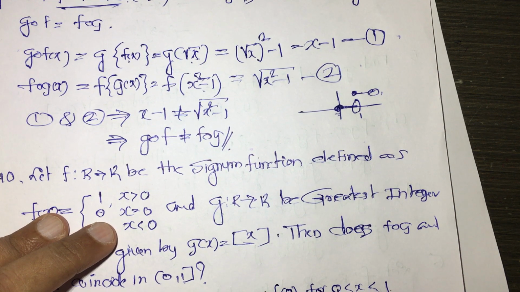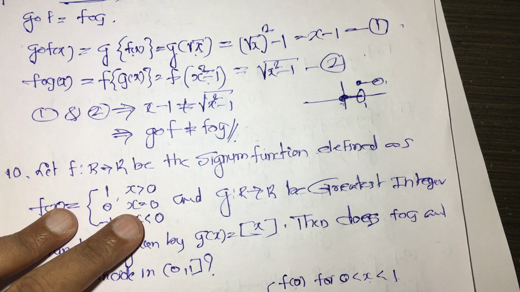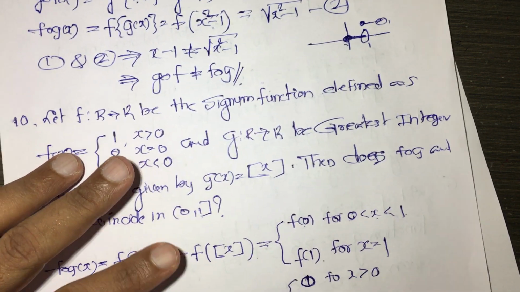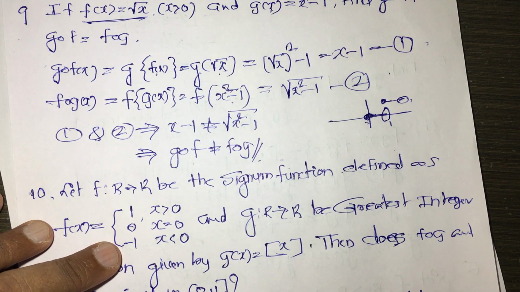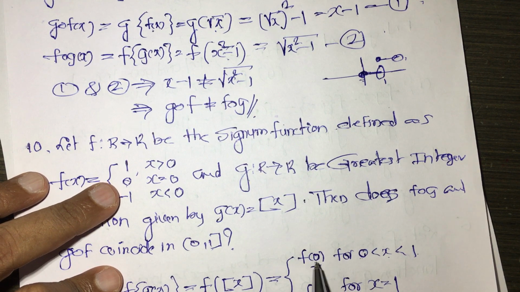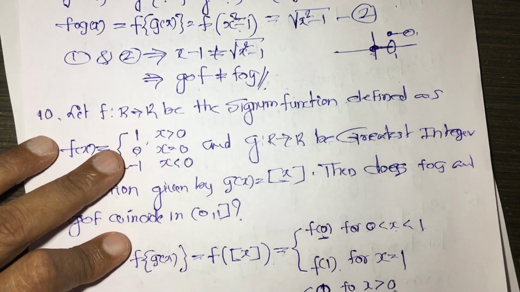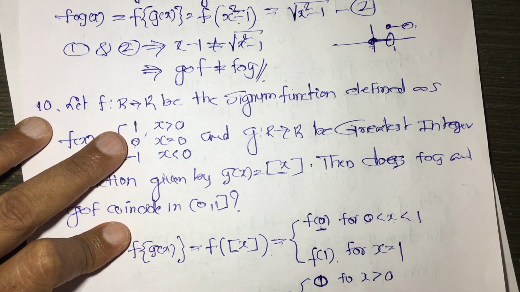So f of 0, sorry, here f of 0 means we get 0. When we have 0, the value of f of 0 is 0, and x equal to 1 gives 1.